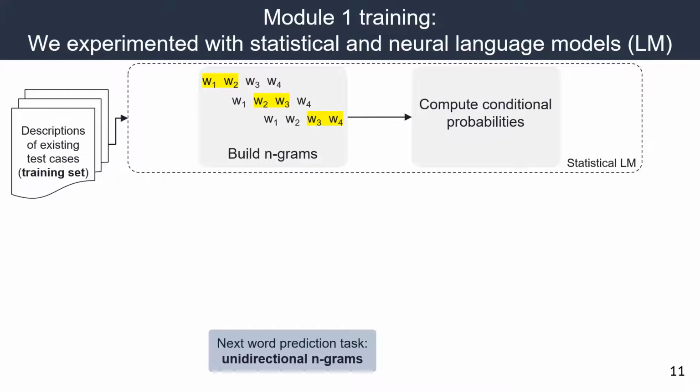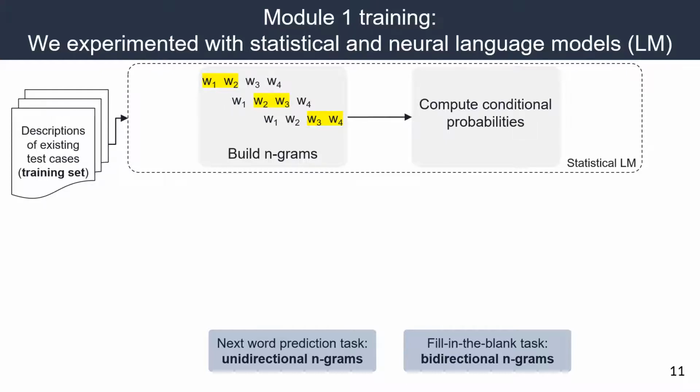We experimented with the traditional next word prediction task. This is a unidirectional n-gram because it uses only the words on the left to predict the next word on the right. And we also experimented with the fill in the blank task. In this case, we have bidirectional n-grams because they use the left and the right context words to predict the missing word in the middle.